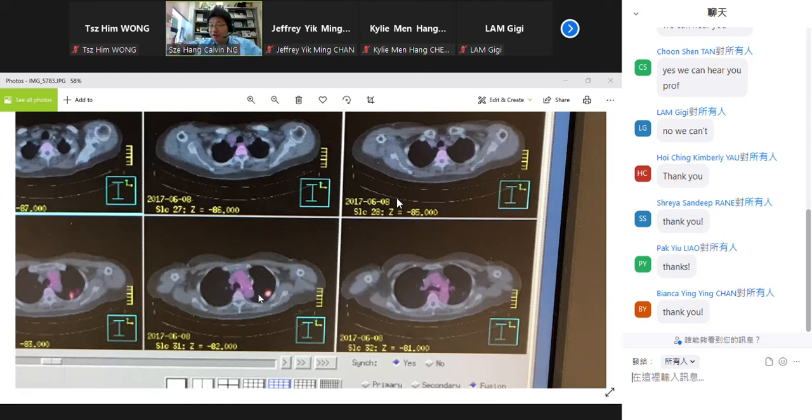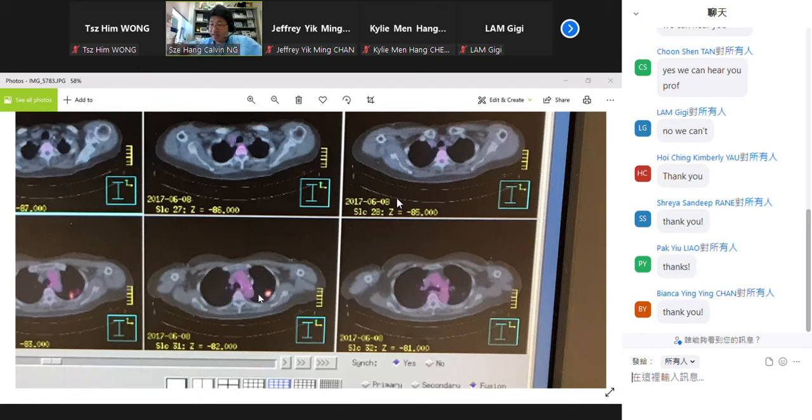An FEV1 of 1.5 liters for the old lady who's 5 foot tall would be maybe 100% predicted for her size, gender, and also age. But it may only be 50% for me in terms of my gender, age, and height. Okay, so we normally look at the percentage as a gauge.